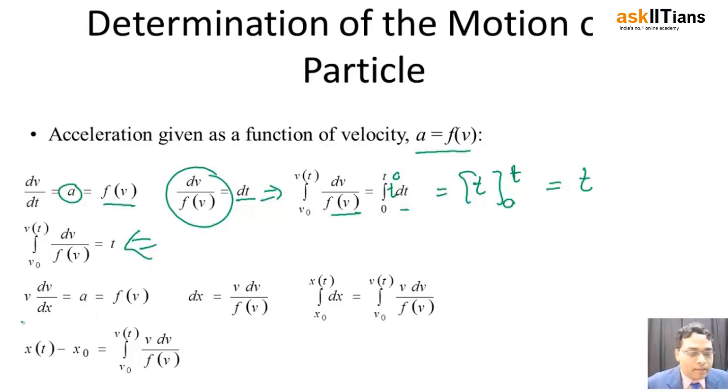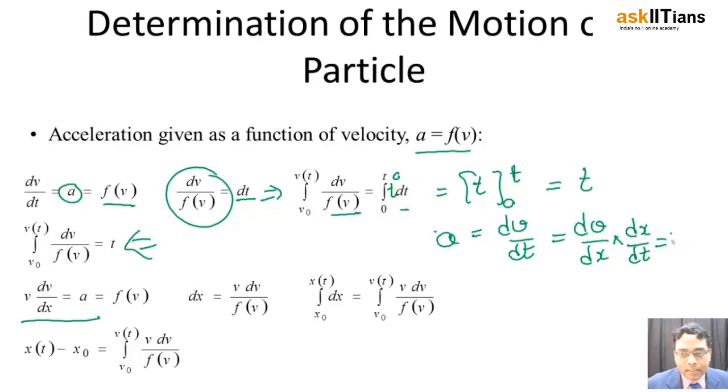In a similar manner, as we know, acceleration can be given by v into dv by dx. Let me revisit that. I know that acceleration is equal to dv over dt, so this can be written as dv over dx into dx over dt. But dx over dt is nothing but the velocity v. So this gives me v into dv by dx, which is equal to the acceleration a. If I do a cross multiplication, I'll get dx equal to v dv divided by the function of v.